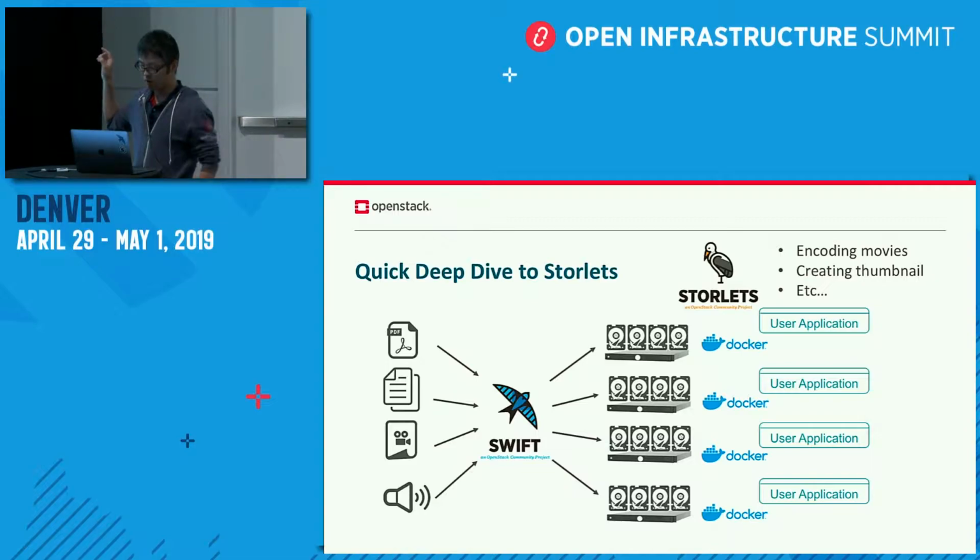The benefit of Storlets is that users don't have to download the raw data if they want to process it. In that case, what you do is just upload your code to Swift and then call the Storlets API. The mechanism is really useful to process your data, for example encoding movies, creating thumbnails, and so on.